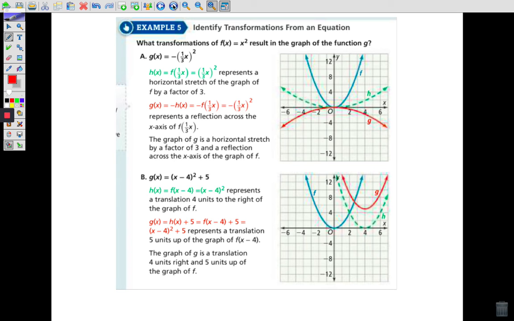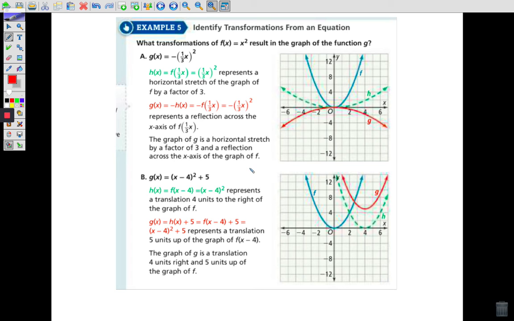So we know that we're going to have some sort of reflection across the x-axis. And then the 1/3 on the inside of my parentheses actually means that there is going to be a horizontal stretch by a factor of 3. But I told you yesterday we wouldn't talk much about those, so we're not going to graph any of those hardly. So don't worry too much about that.